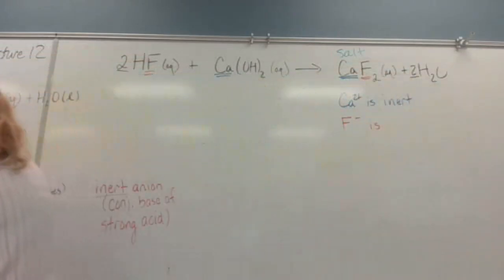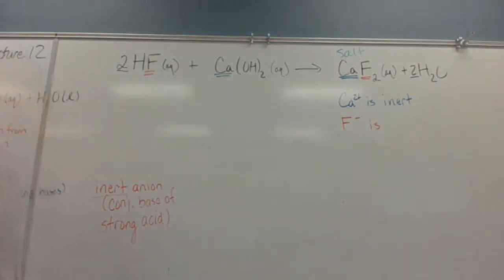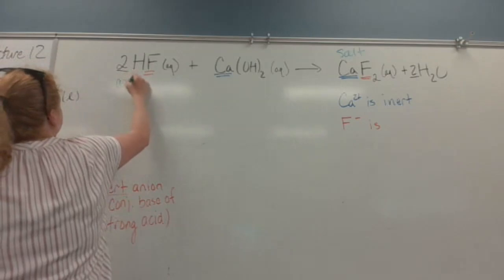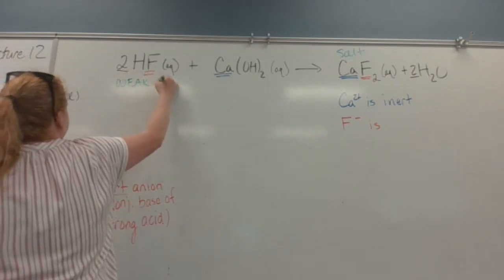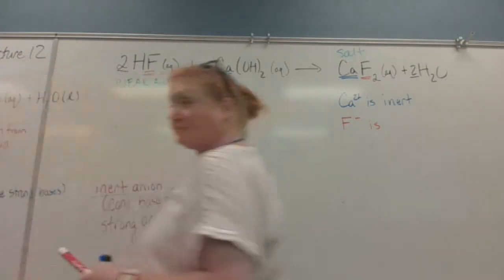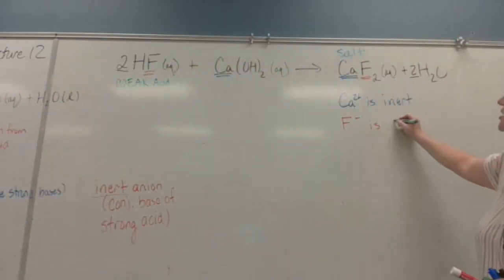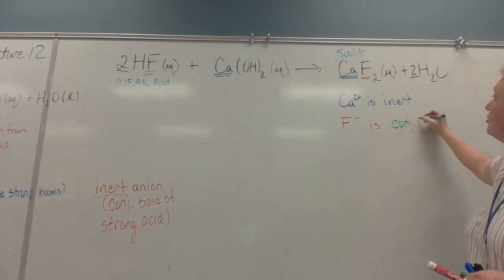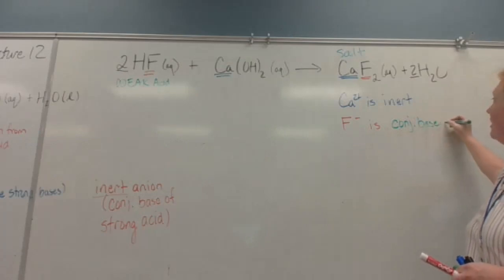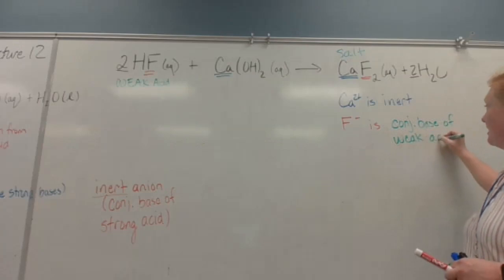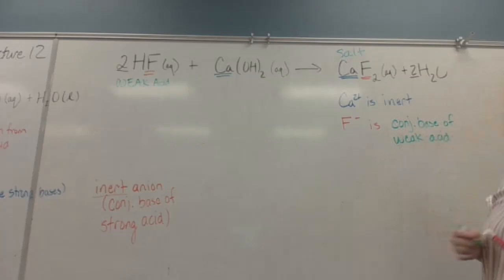HF is a weak acid. Okay. So fluoride is the conjugate base of a weak acid. Agreed?